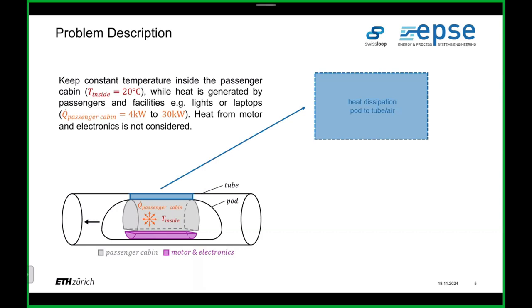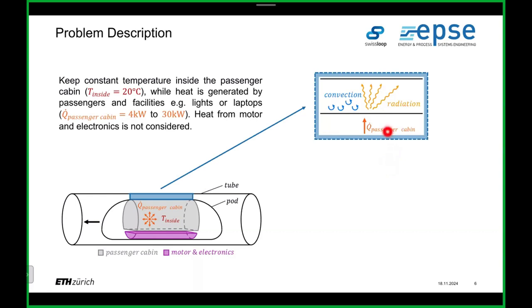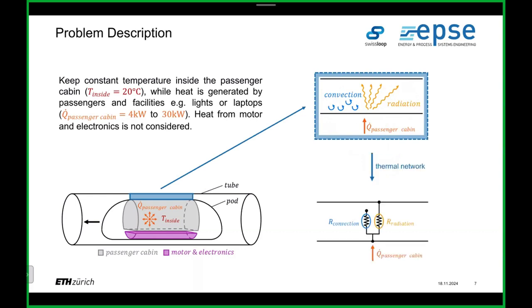So I looked at how I can dissipate this heat, and especially I looked at convection and radiation. I had to solve this thermal network here, and the temperatures are fixed.